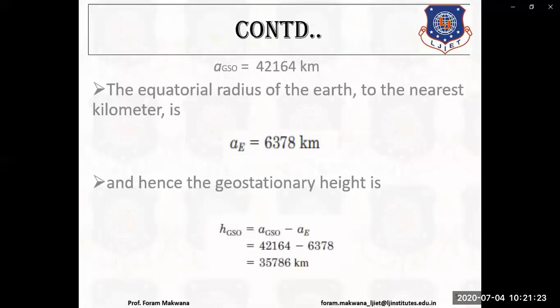See, this is the practical value of height of geostationary orbit. Ideally, we are taking it as 36,000 kilometer. So this is the radius of geostationary orbit and this is the height of geostationary orbit.